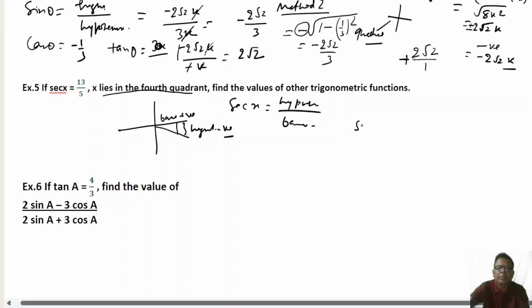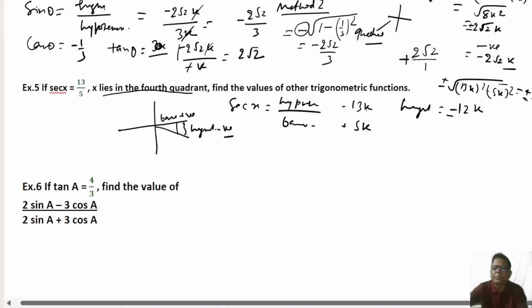So base is 5k and positive, and hypotenuse is 13k. Then height will be plus minus root of 13k square minus 5k square, so that will be plus minus 12k. Since this is in the fourth quadrant, definitely we should take this one as minus.